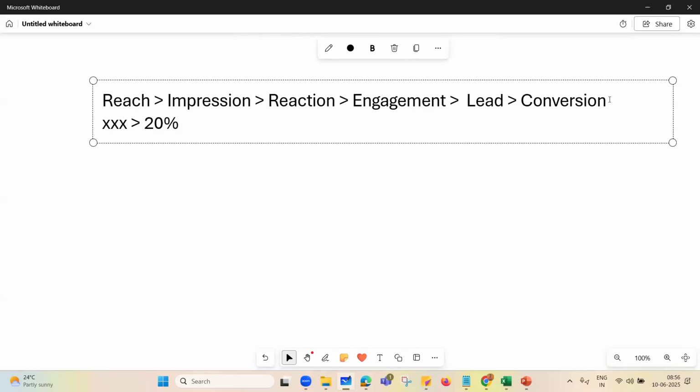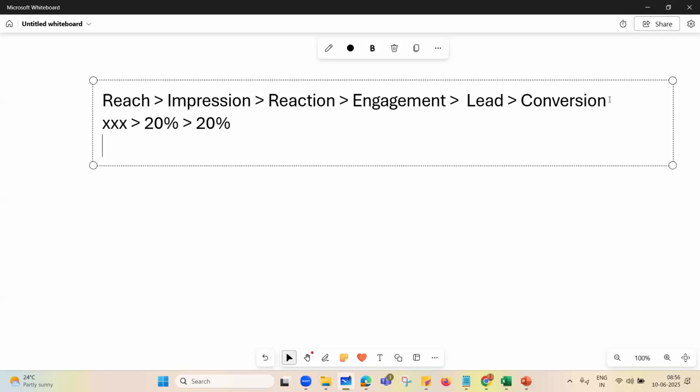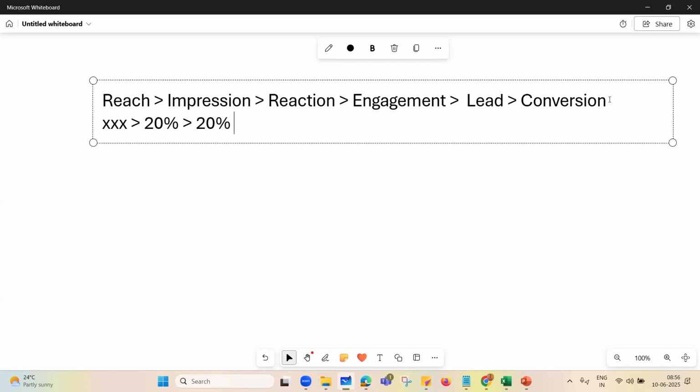Of the impressions you have, only 20% may react. Of whoever reacts to you, only 20% will engage further. Of whoever engages with you, only 20% come into your lead. And of that 20% lead, only 20% will be converted. This is the typical rule.